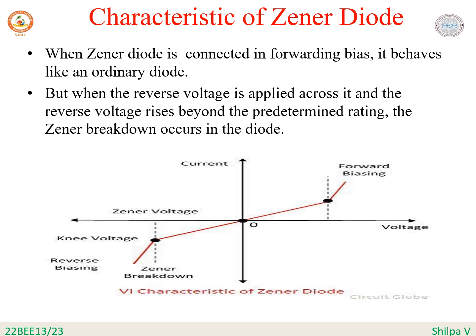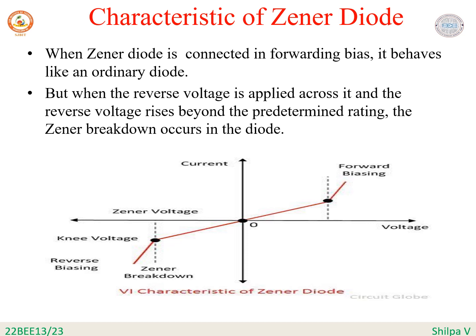The minimum Zener current is the reverse current at the knee voltage. The maximum Zener current depends on the device: it is the maximum current the device can carry without exceeding the maximum power dissipation. So the power dissipation equation is PD equal to Vz times the maximum current.